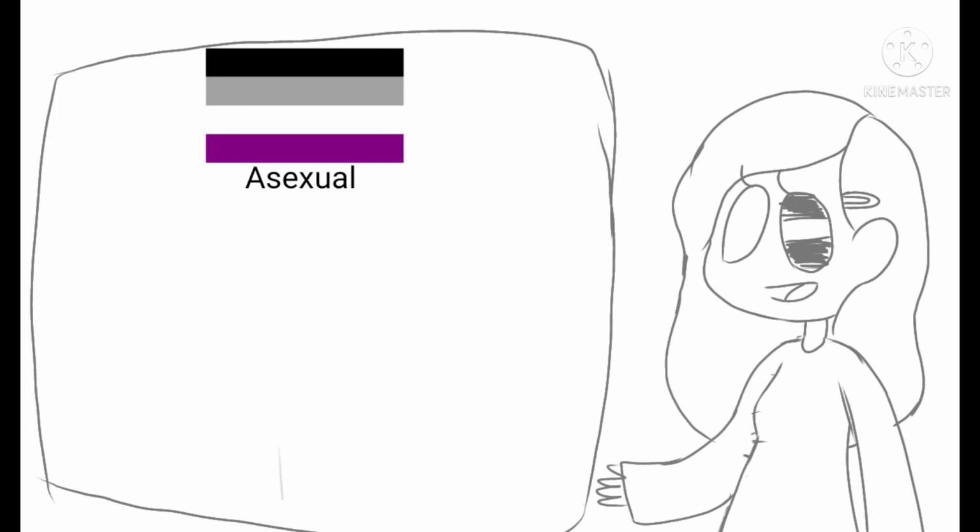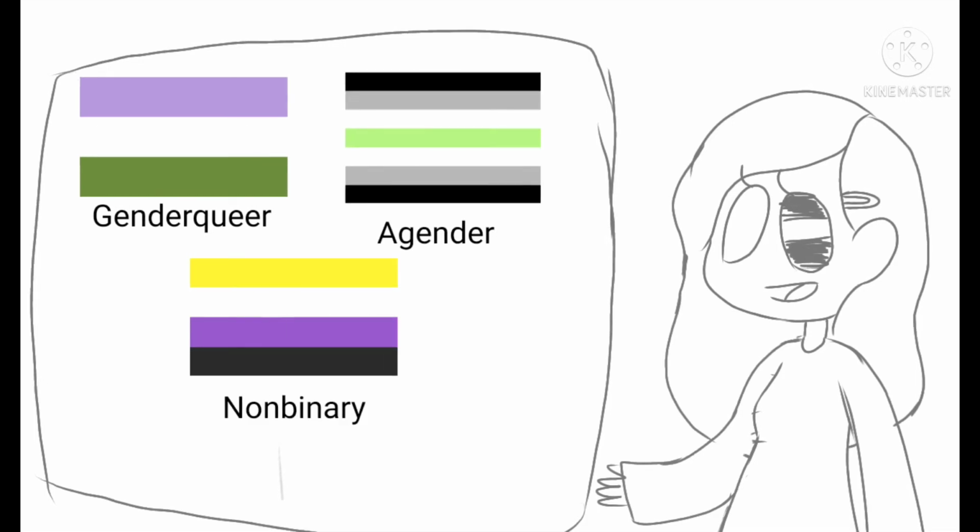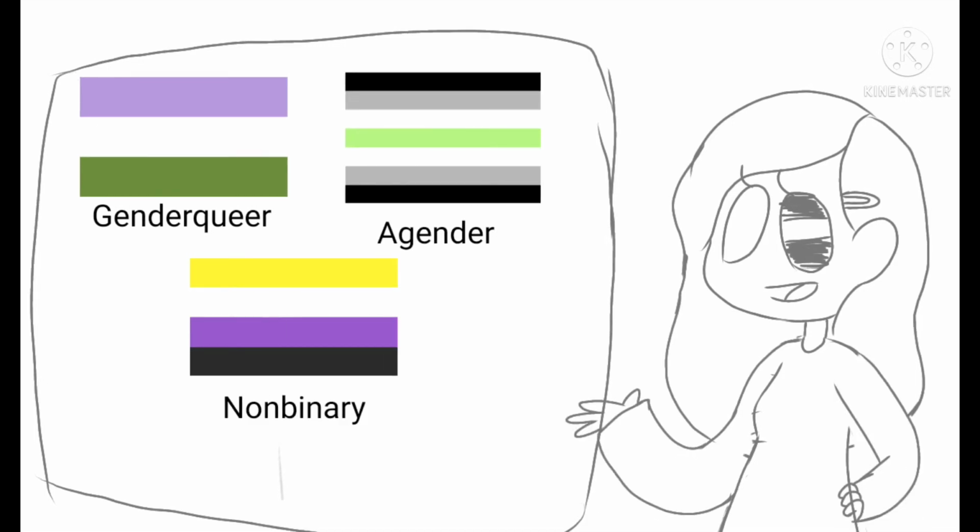Now let's move on to the next sexualities, because we're going to be looking at 3. These 3 are genderqueer, agender, and non-binary. These 3 are basically the same thing, but they're not.